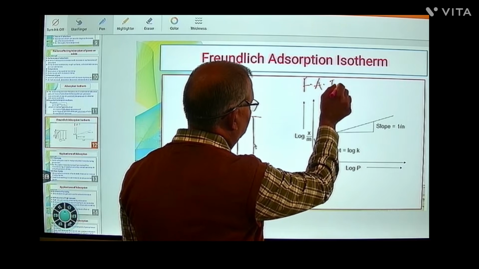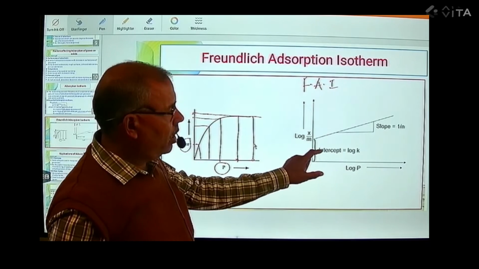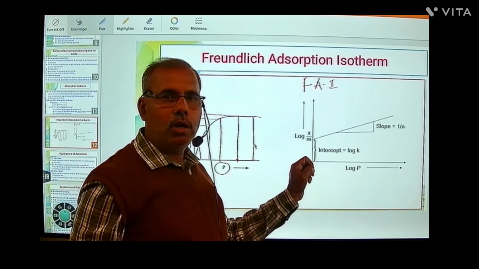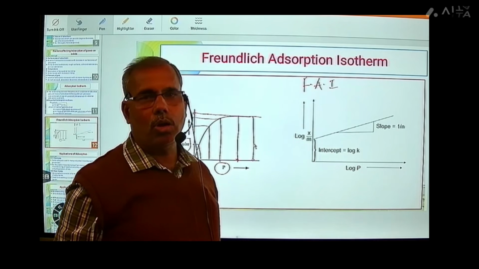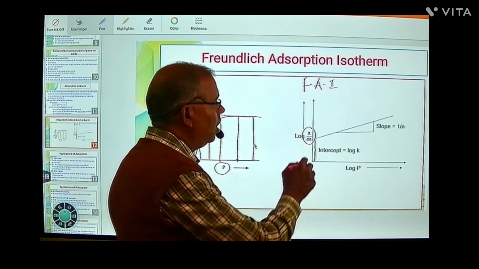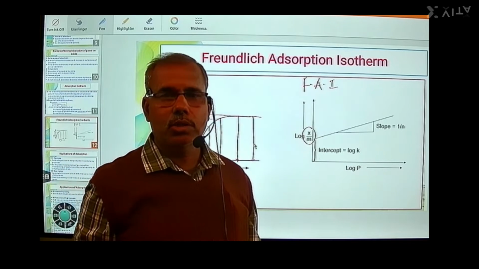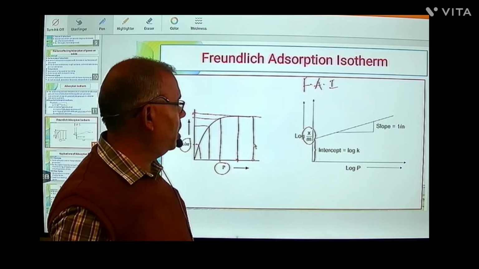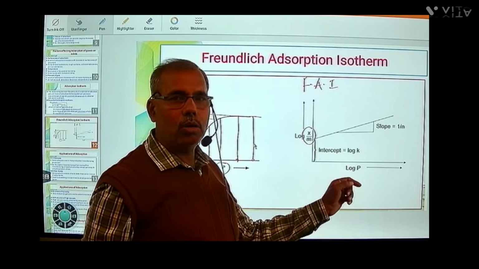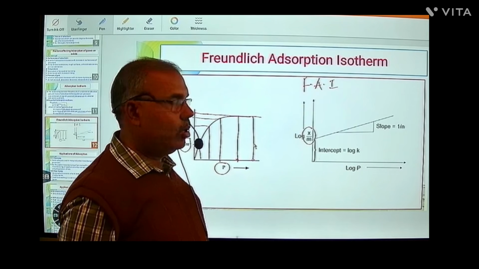Freundlich adsorption isotherm. Here you can see it is plotted log of x by m versus log of p. Logarithm is taken, so log of the amount of gas adsorbed per unit mass of adsorbent against logarithm of p, log to the base 10.